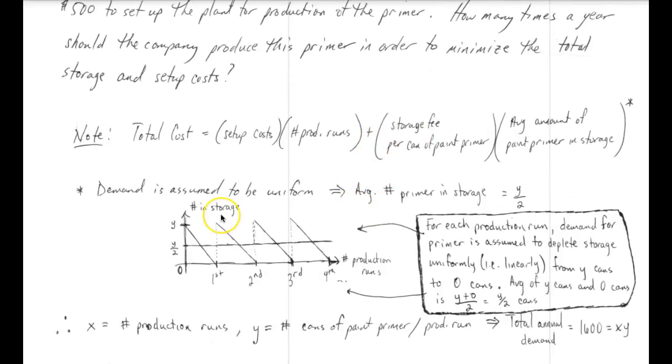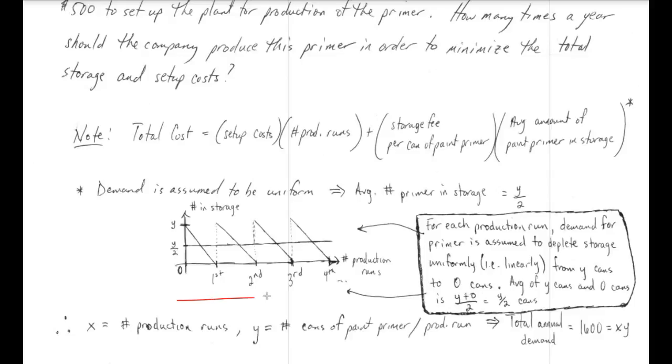So the assumption is that if we are making this automobile primer, we're selling them at a linear rate, which means demand is being consumed at a linear rate. And so this picture that I have here shows that at the beginning of the year, we have Y number of automobile primer cans in storage, and then we linearly have those consumed.